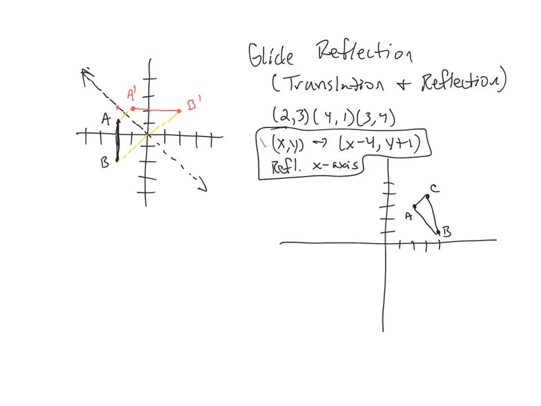Okay, so I'm going to do the translation in red. So to the left 4, 1, 2, 3, 4, and then up 1 gives me my A prime. And so for the C, 1, 2, 3, 4, up 1. And then the B, 1, 2, 3, 4, and up 1.